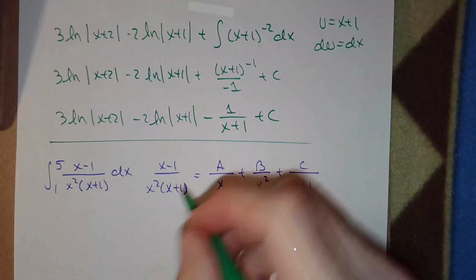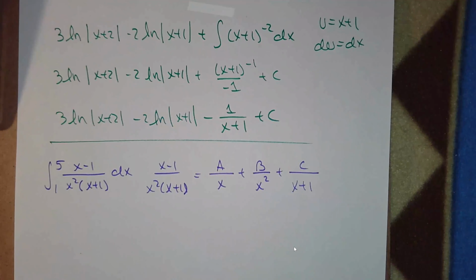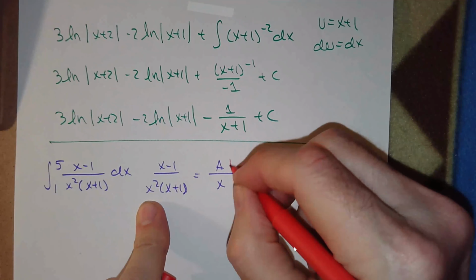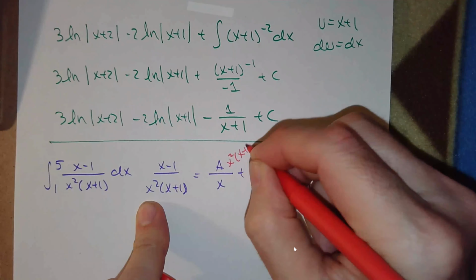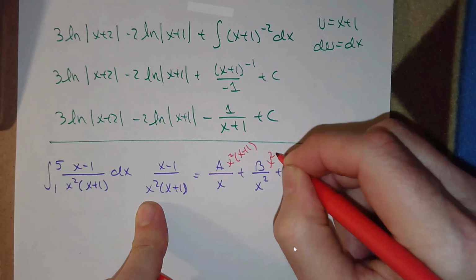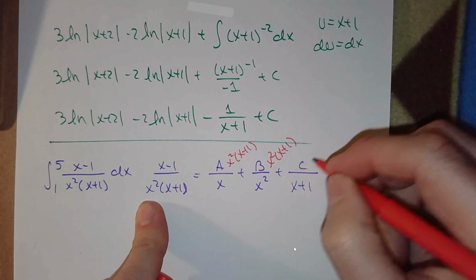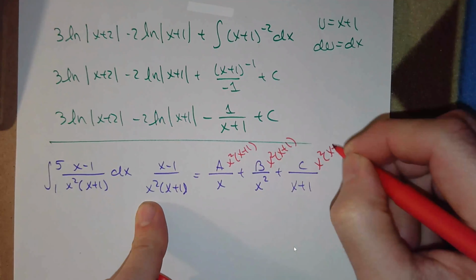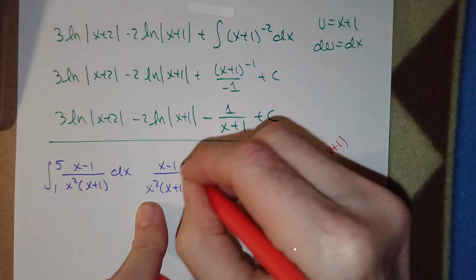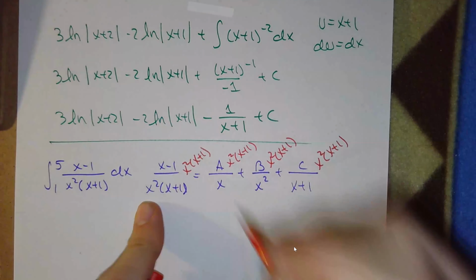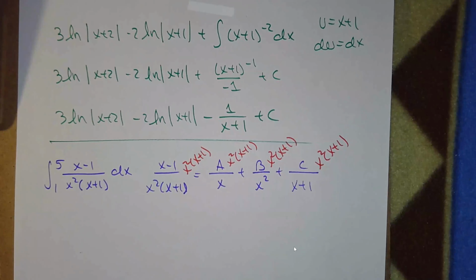We're going to multiply everything by our lowest common denominator. The lowest common denominator is going to be x squared times x plus 1, x squared times x plus 1, and x squared times x plus 1. Lots of cancellation.